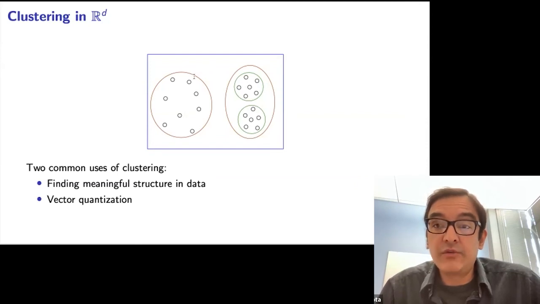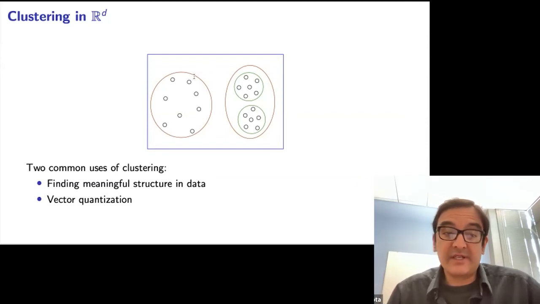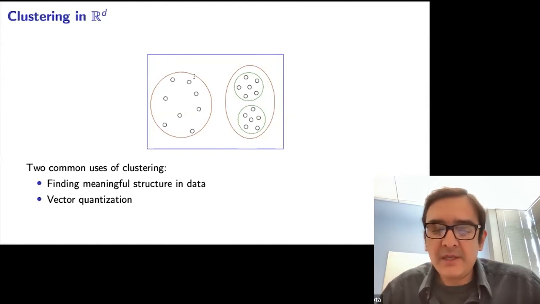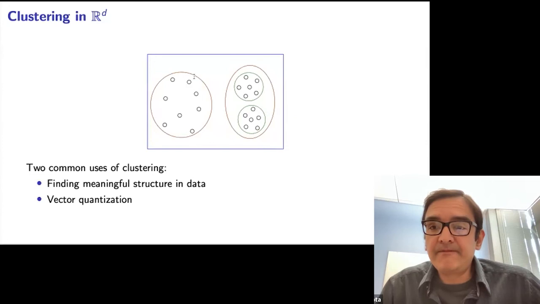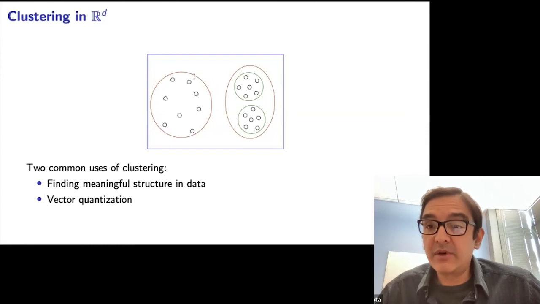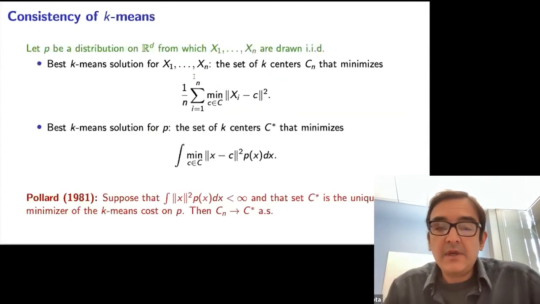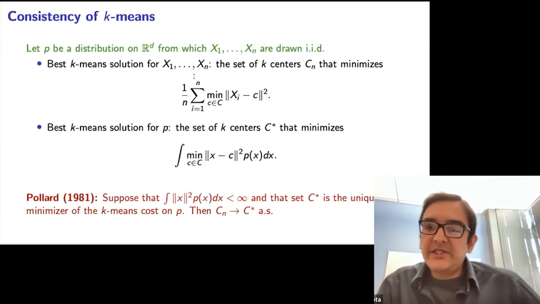If you were to write down a cost function for vector quantization, it would be k-means. Okay. It's also probably the most popular clustering algorithm. So what is known in terms of the consistency of k-means? What happens as the number of points approaches infinity? So unfortunately, not very much is known.